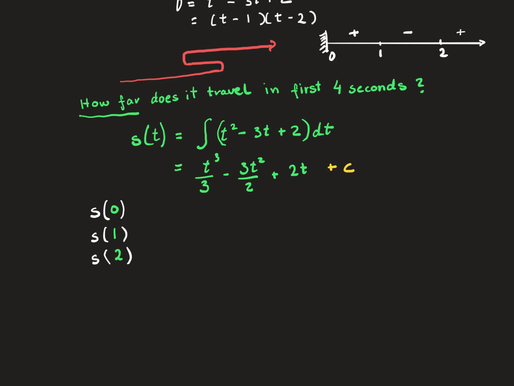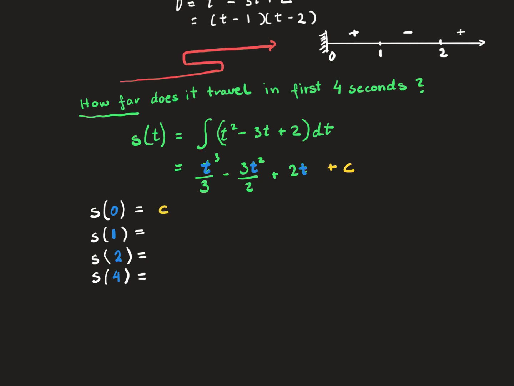And finally, after 4 seconds. Substituting these values for t, we should get a value for the origin as c.